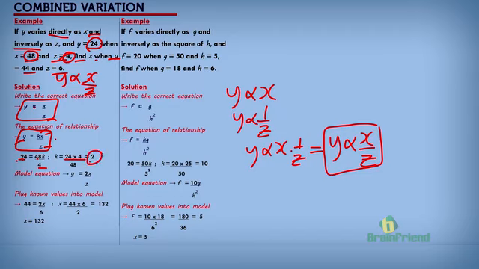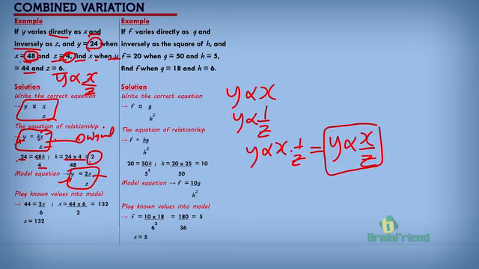We can input k into our original equation to get a model equation. Okay? So we say y is equal to 2x all over z. We have our model equation and we are close to solving our answer. All we need to do to find our unknown is to plug in the known values. So we have values for y.